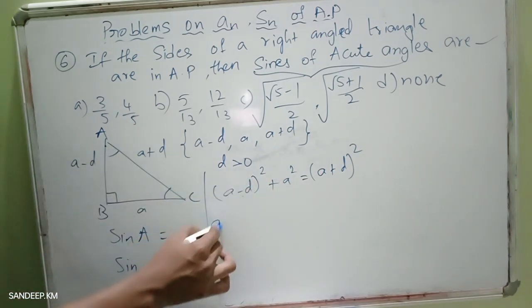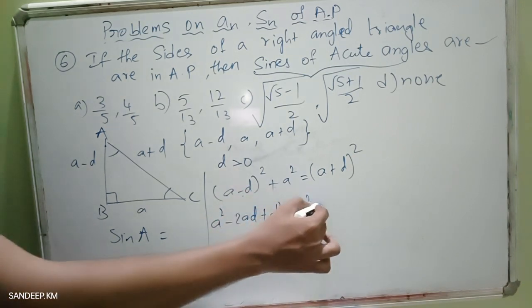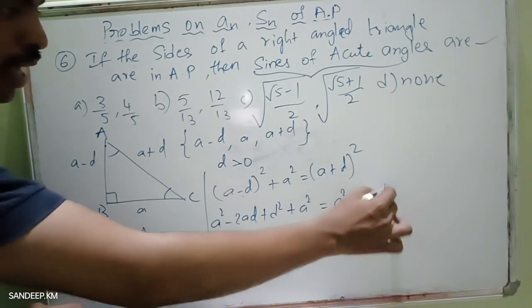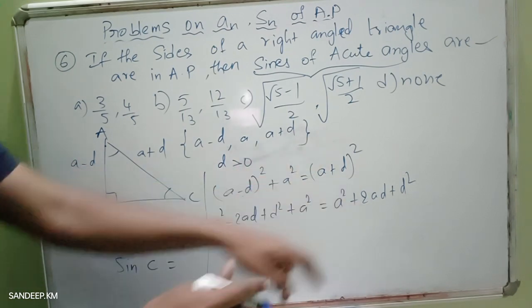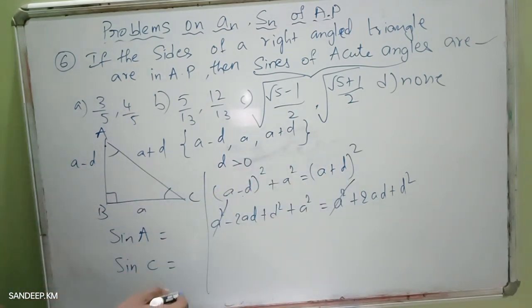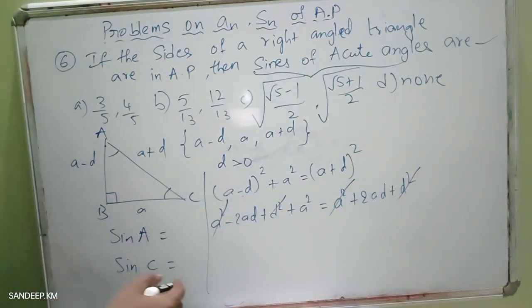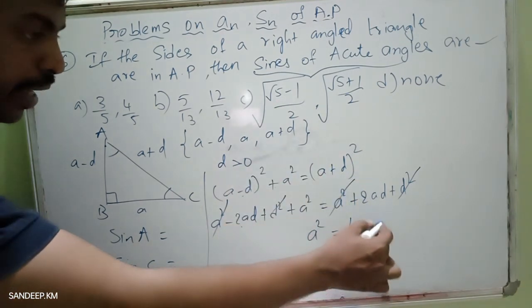A minus D whole square is A square minus 2AD plus D square, plus A square, equal to A plus D whole square, which is A square plus 2AD plus D square. Now you can transpose A square to the right side and cancel it, and transpose D square to the right side and cancel it. Finally, A square is equal to, if minus 2AD goes that side, plus 2AD, we will get 4AD.